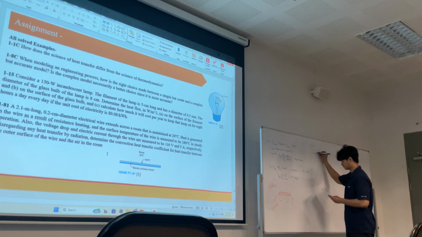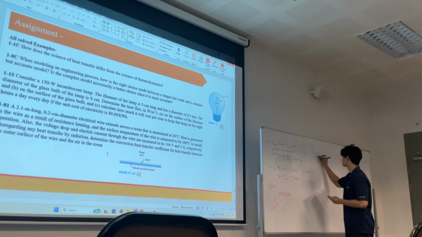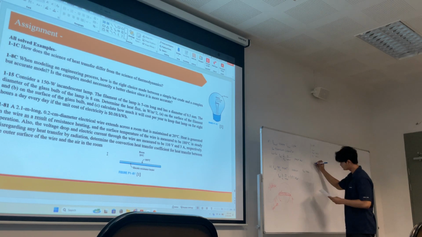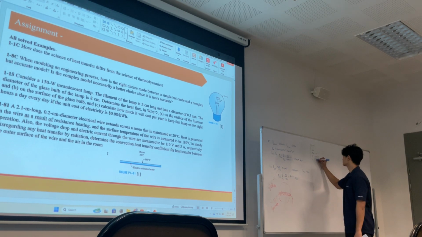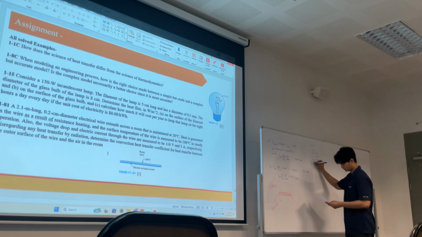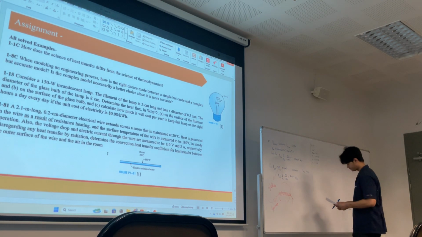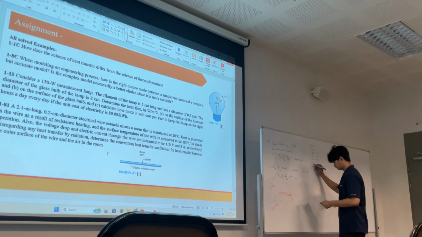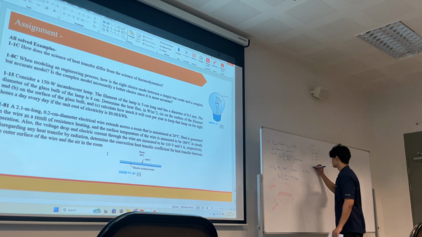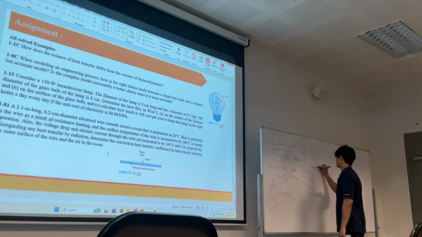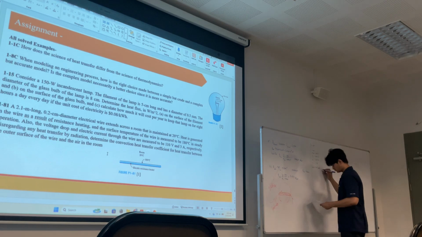In the first question it is like the filament. So the area is going to be the same, pi dl. Okay? This question is asking the value of small h, which is the heat transfer coefficient by convection. Everything else is given. You just have to calculate the area, okay, and the heat transfer rate.